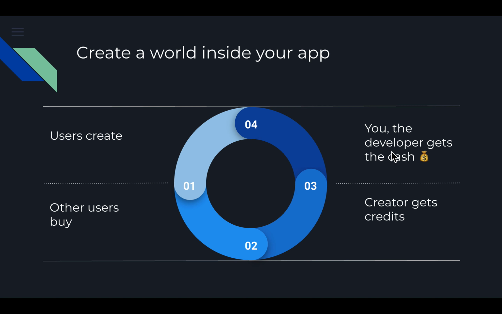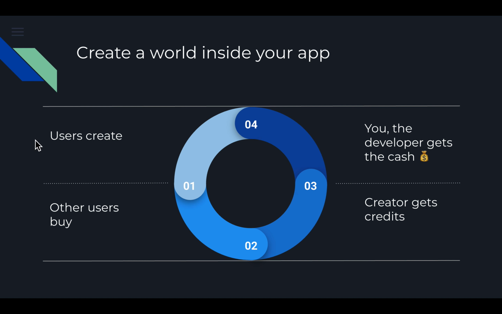and then you, the developer, get the actual cash. So if this guy created something and sold it for $2 in your app, this guy used his actual money, his card, to pay for what this user created. But that money he paid eventually gets routed to your bank account by Apple or whatever company you published your app onto.